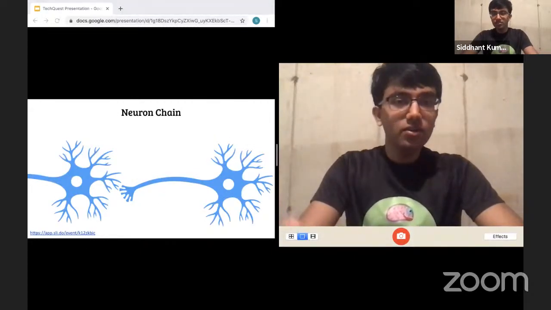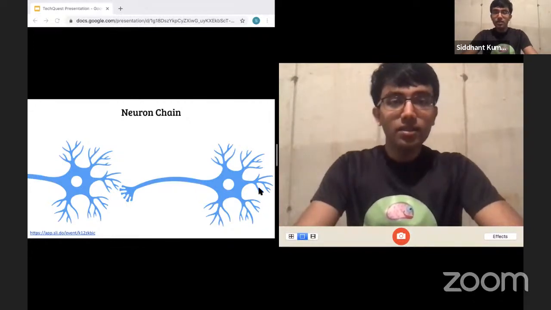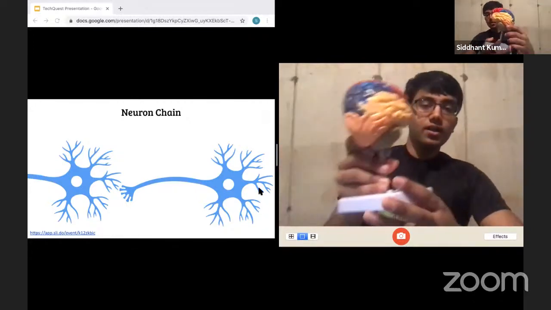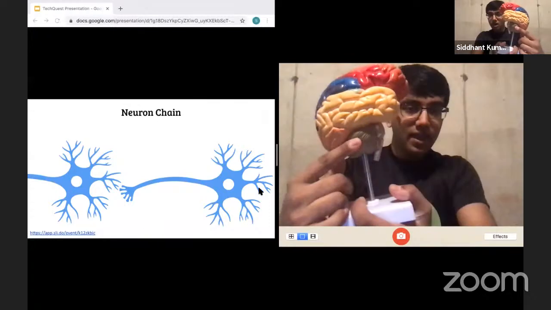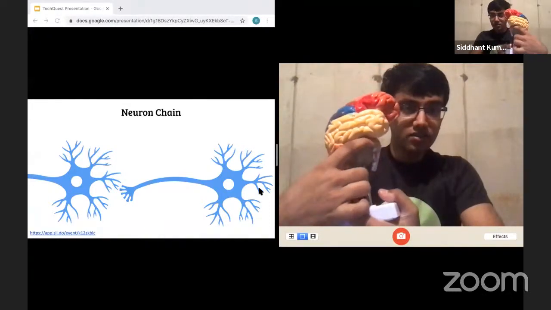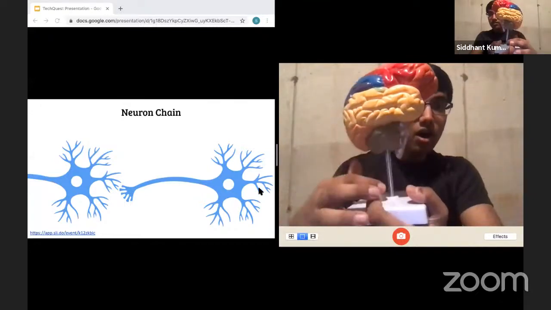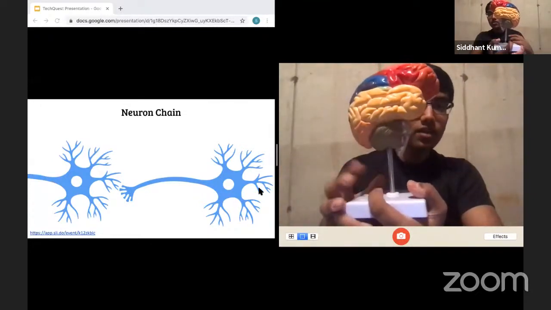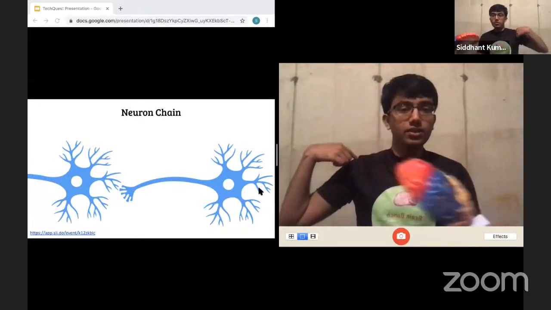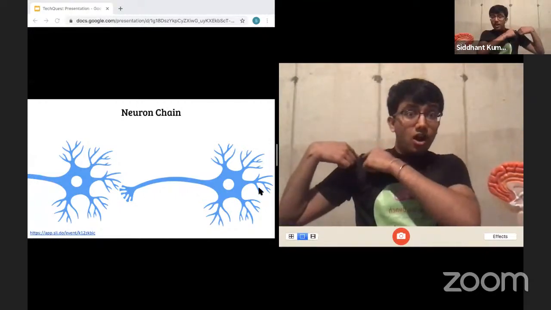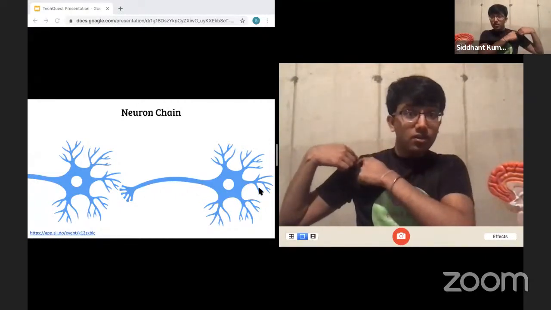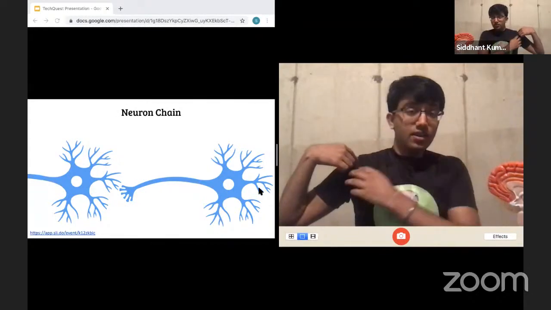So this is a neuron chain. So one neuron, let's say a neuron in the cerebellum, right? It contacts a neuron in the spinal cord at the back. Then the spinal cord neuron goes way down, contacts another neuron until it eventually reaches our muscle. It contacts the muscle and tells our muscle using electricity to flex.